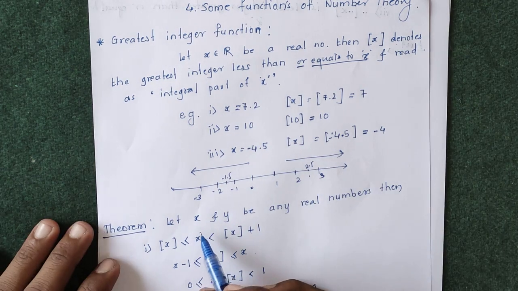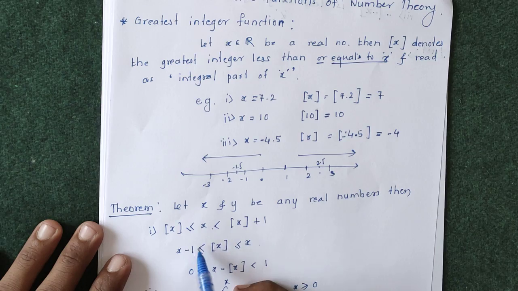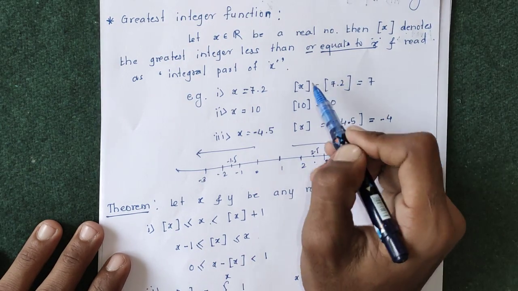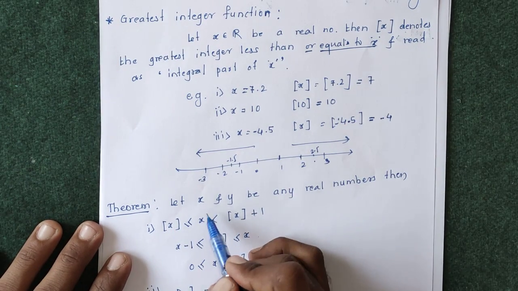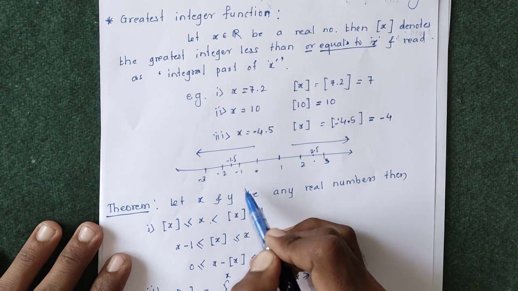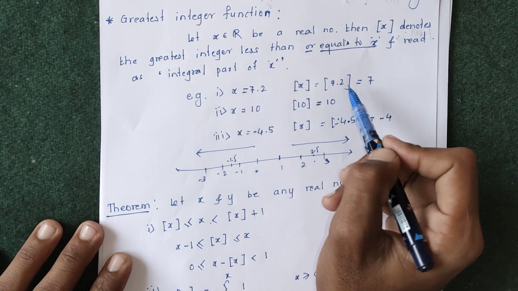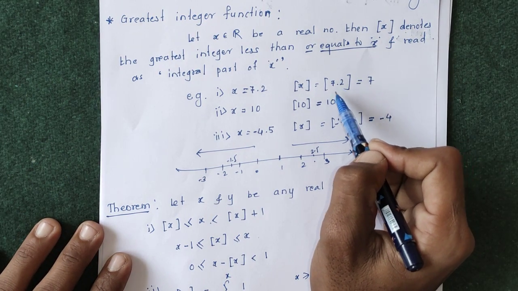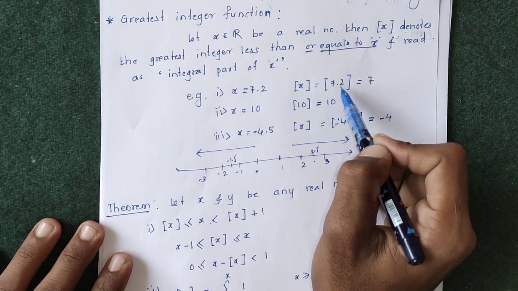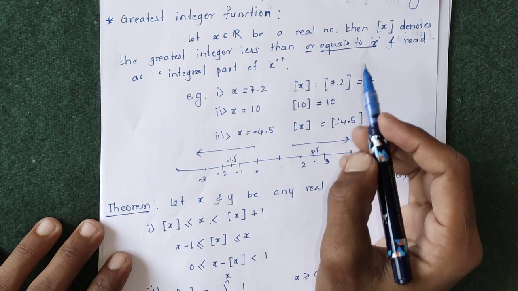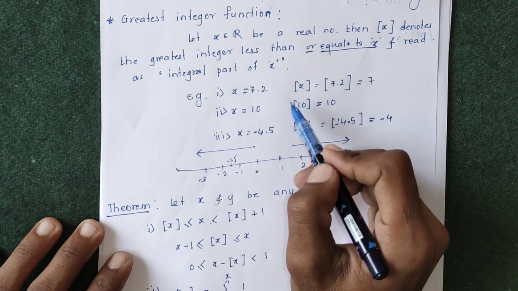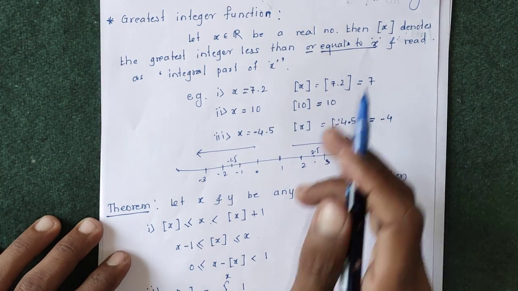So, we can express this x as the integral part of x, since 7 is the integral part of x, plus some L. L is a number such that 0 is less than or equal to L, which is less than 1. So, that number L must be from 0 to 1.